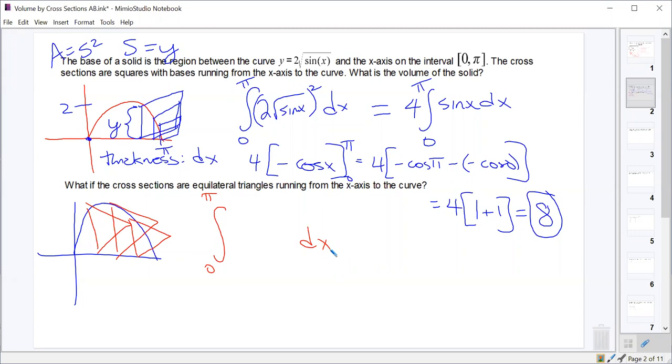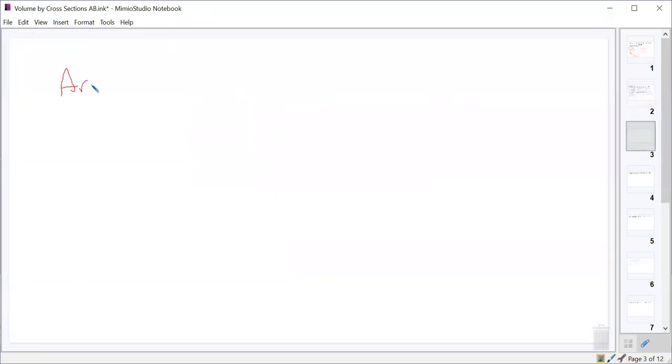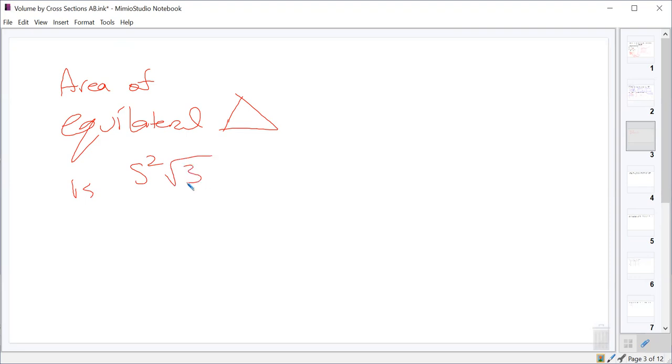Yes. Now, you may or may not know the generic formula for the area of an equilateral triangle. I know you know the formula for the area of a triangle, one half base times height. But there is a specific formula for any equilateral triangle that will be very useful for you to know. I suggest you write this down. The area of an equilateral triangle is side squared times √3 divided by 4.